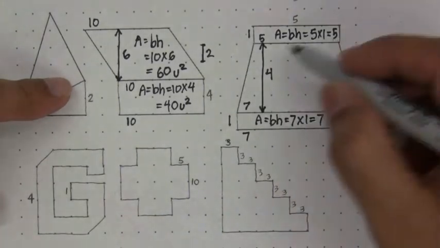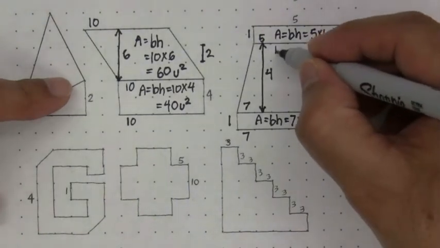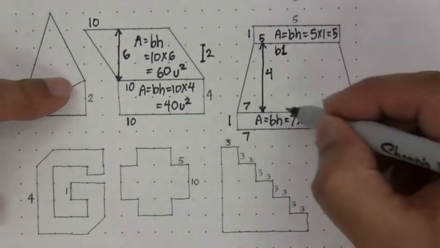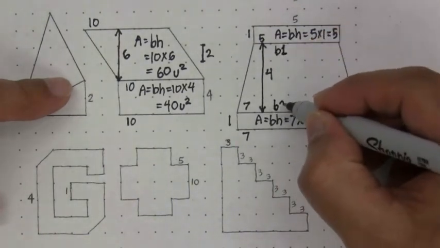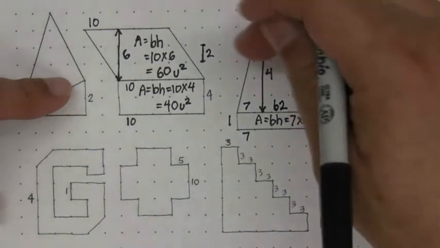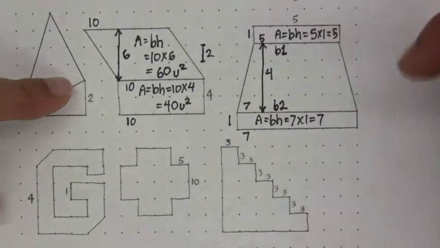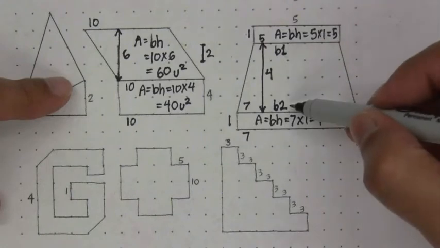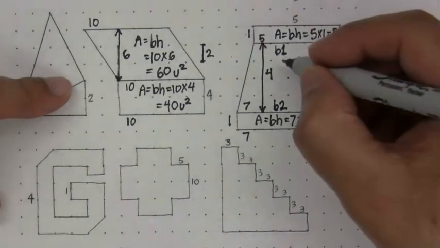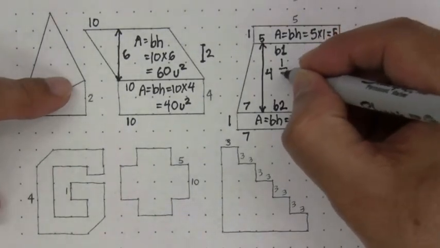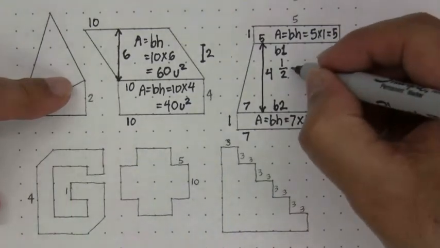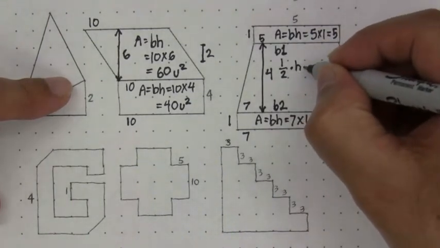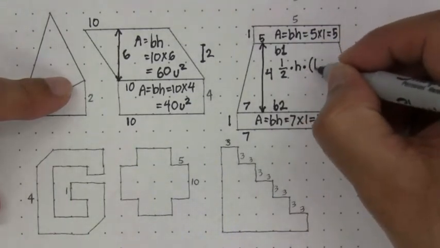The area of this trapezoid, where this is base 1 and this is base 2, that is, the two parallel sides of a trapezoid are called base 1 and base 2. And from that, the area is 1/2 times the height times the sum of B1 and B2.